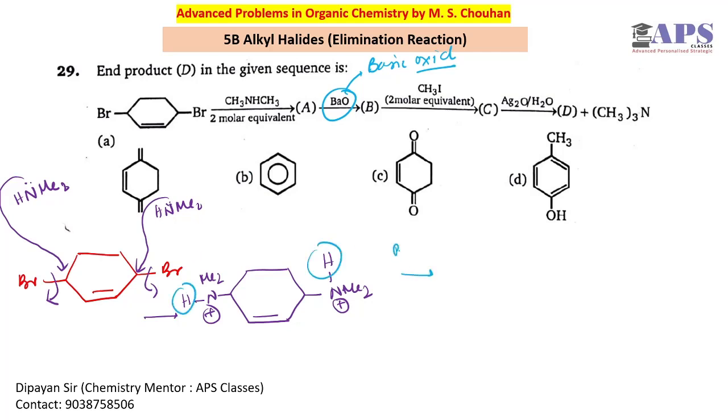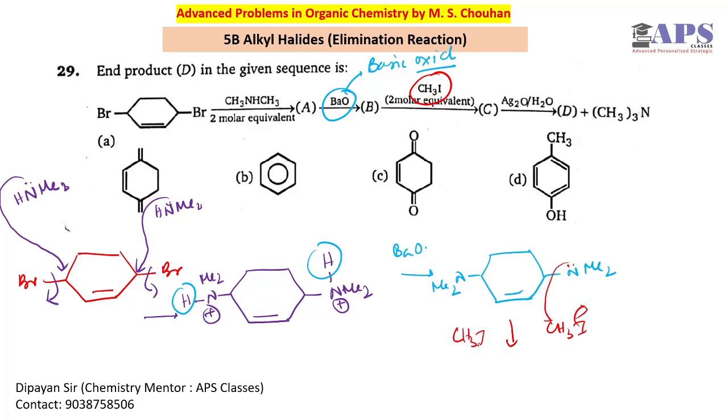So if we add basic oxide BaO, we will get this kind of situation, NMe2, again NMe2. Okay, now if you add 2 equivalents of CH3I, 1 equivalent of CH3I SN2, another equivalent of CH3I again SN2.